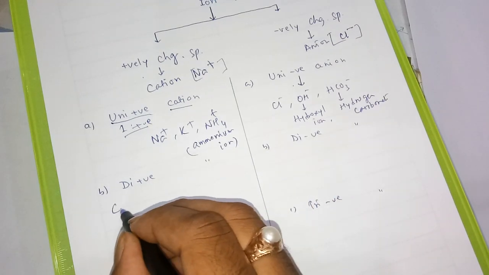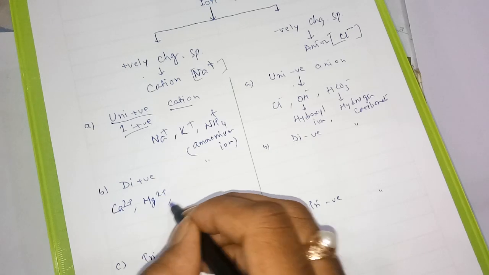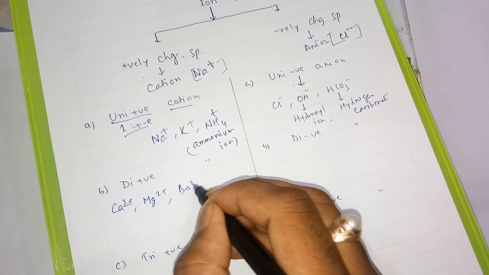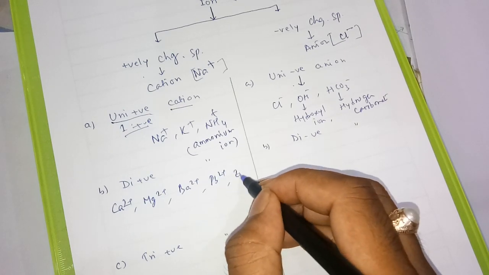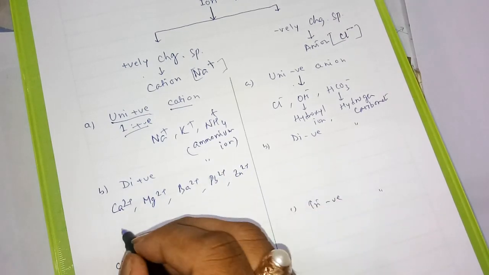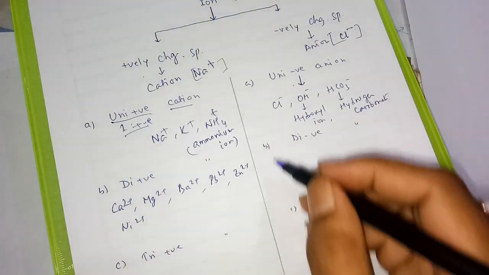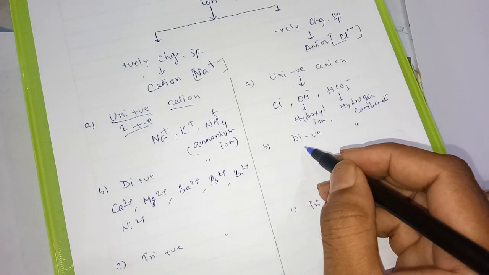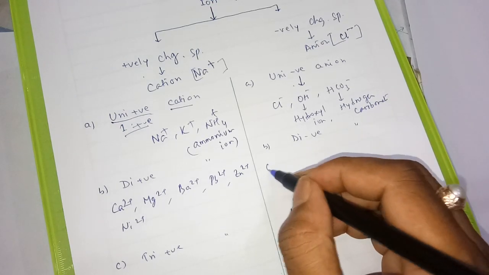we have calcium positive, magnesium, barium, your lead positive, zinc positive, nickel 2 positive. Di-negative, also we have some examples for your di-negative.